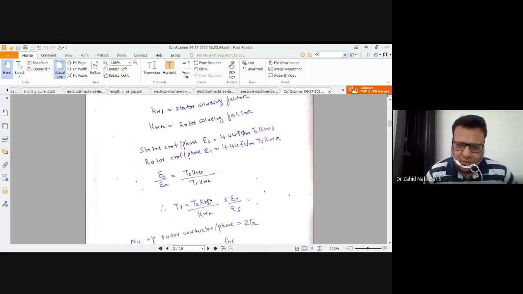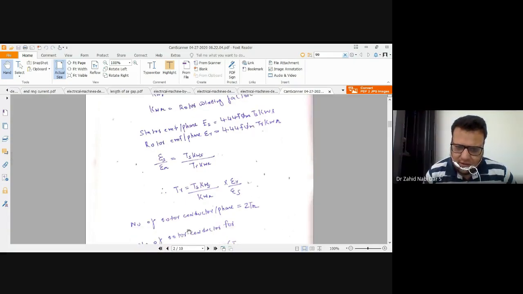From here you can write TR by cross multiplication: TR KWR equals TS KWS times ER by ES. So we have seen that the number of conductors per phase, for a single phase, is equal to 2 TR. For three phase, it is 6 TR, isn't it? 3 into 2.